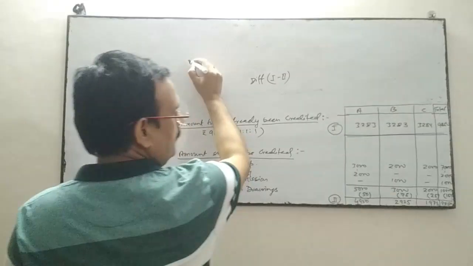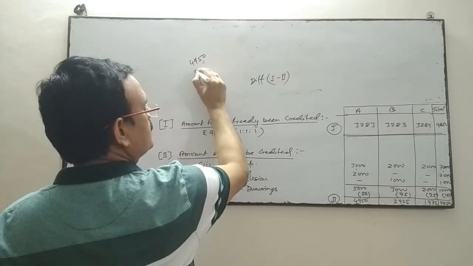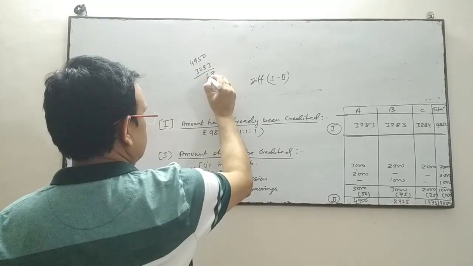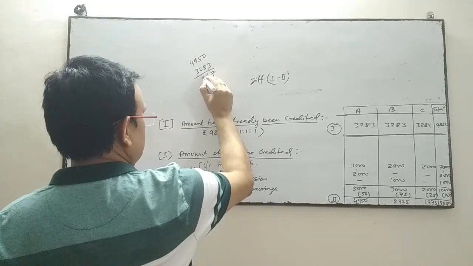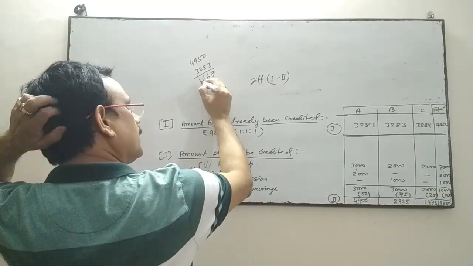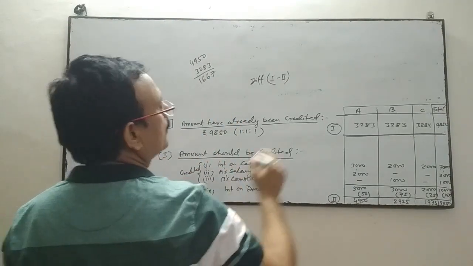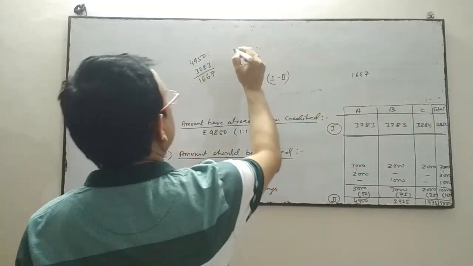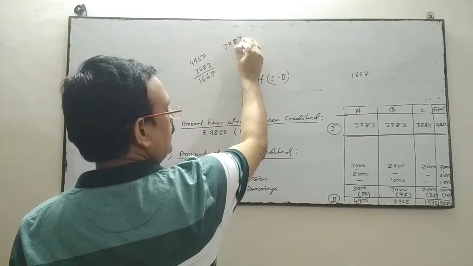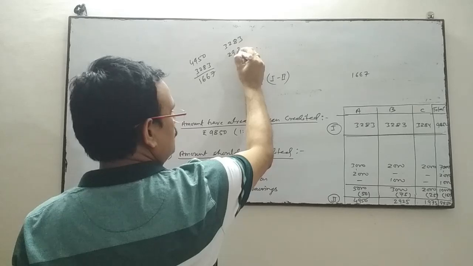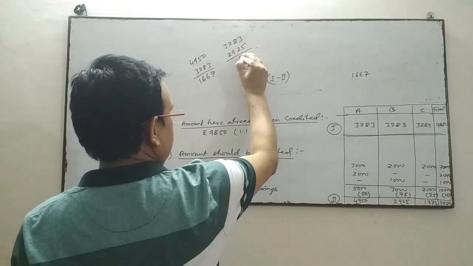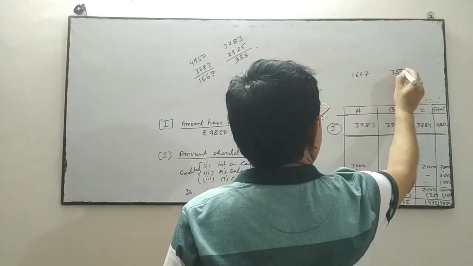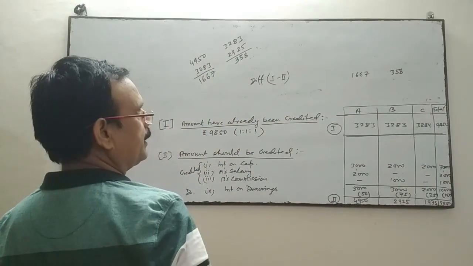Here 4,950 minus 3,283 is 1,667. Second one is 3,283, 2,925, the difference is 358.